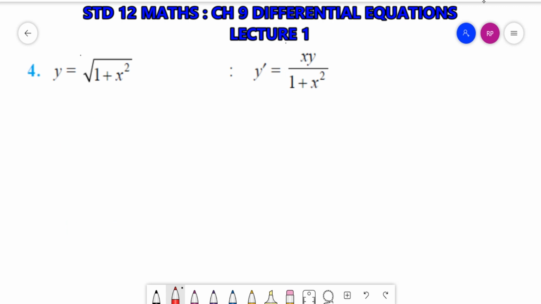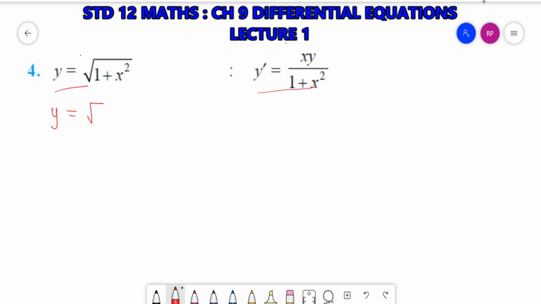Question number 4. y is equal to square root of 1 plus x square. You have to show that this is the solution of the differential equation y dash equal to xy upon 1 plus x square. This type of sum we did in chapter number 5.